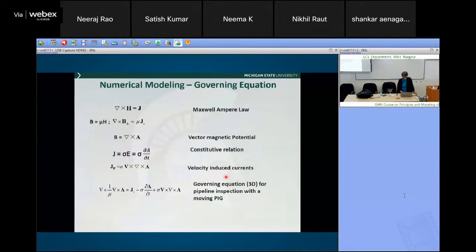And then you've got to use the constitutive relation with J equals sigma E, and in terms of magnetic vector potential and so on. Anyway, I'll skip through this because we'll come back to it when we talk more about modeling itself. But this is the governing equation, the final equation that we need to solve for simulating magnetic flux leakage.